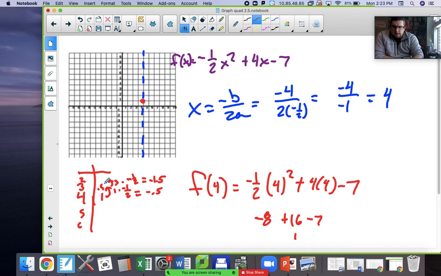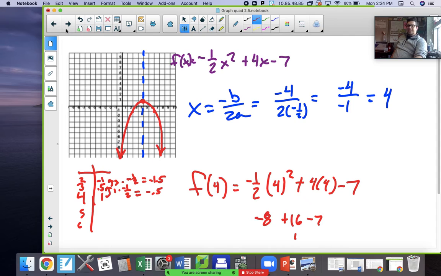So 0.5, and then this is negative 1. So 3.5. Negative 2, negative 1. Get our symmetrical points. And there is our parabola.